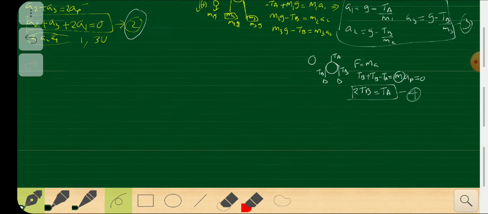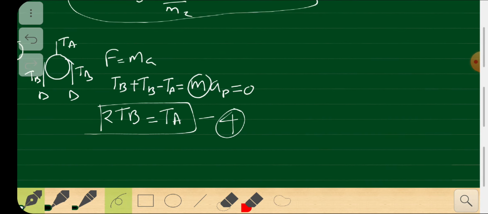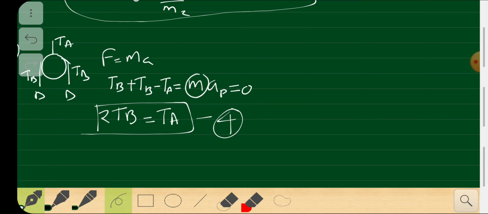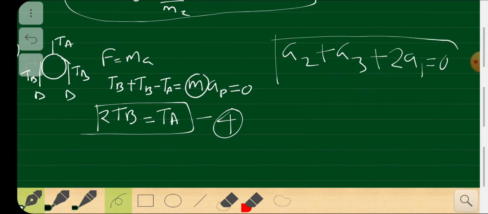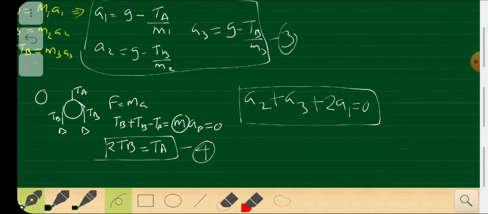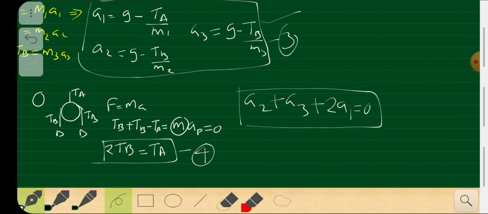So I'm going to use that equation here, a2 plus a3 plus 2a1 is equal to 0. Now I'm going to substitute a2, a3 and a1 back into this equation.